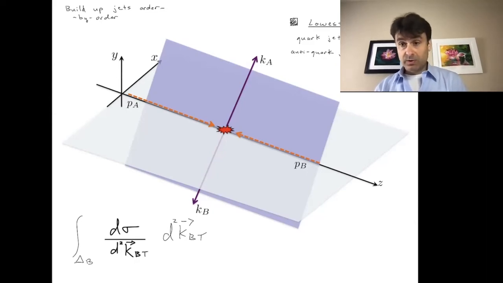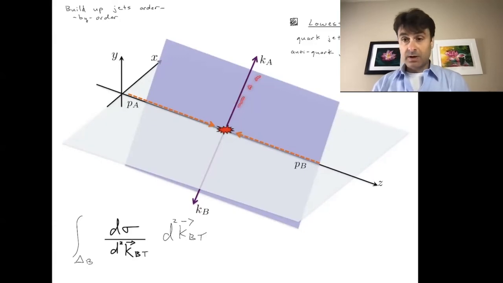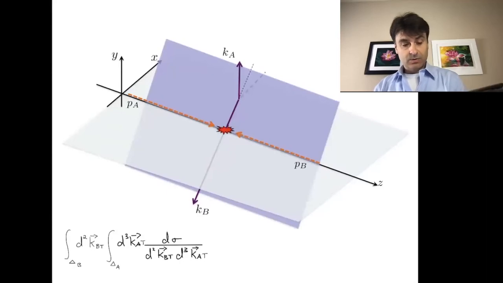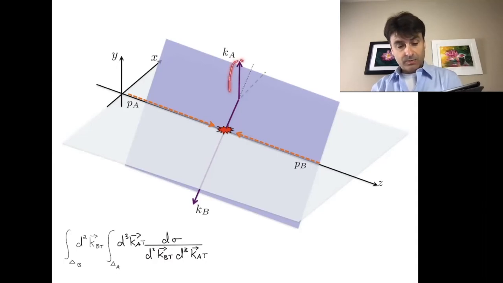Now I'm also going to account for the case where there actually is an extra scalar emitted from the outgoing quark jet, and that's going to look something like this. So it looks almost the same as before, but now I've got a cross-section differential not just in the two components of KB, but also in the three components that Ka vector can have.